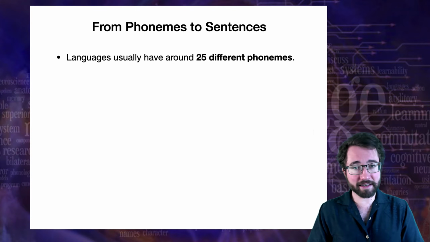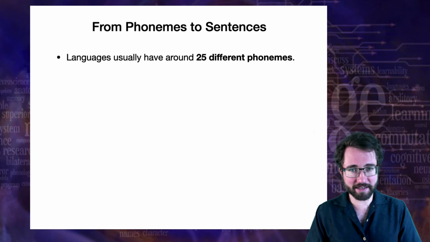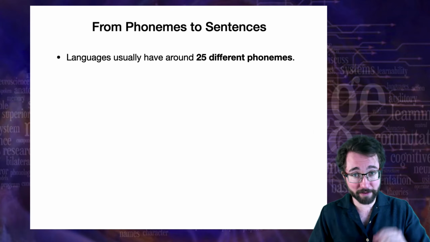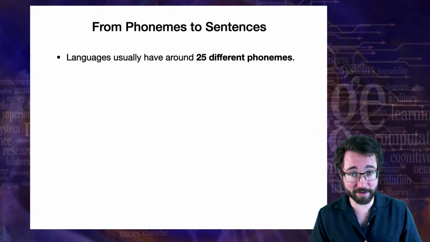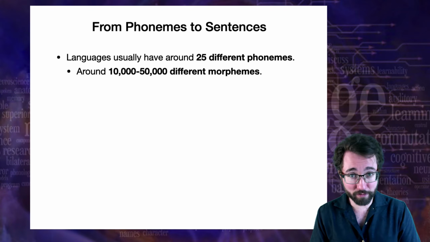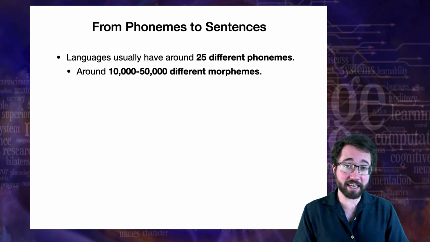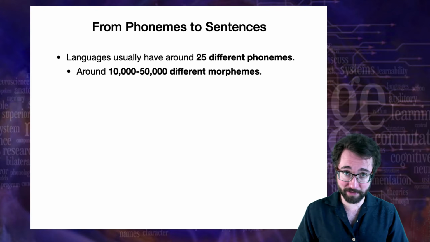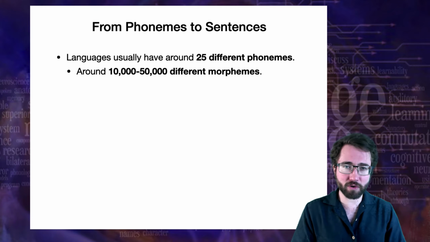So let's think in a more quantitative way about this hierarchy of levels of linguistic analysis. When we were talking about phonemes, we saw that on average, languages typically have around 25 distinct phonemes, 25 different contrastive sounds that contrast with each other in order to distinguish morphemes. And typically languages have somewhere between 10,000 and 50,000 different morphemes. Now, here's a question.